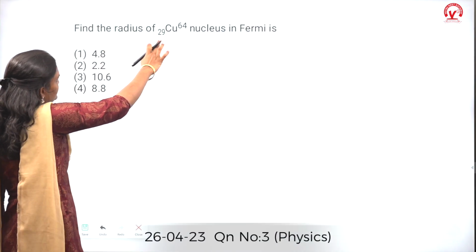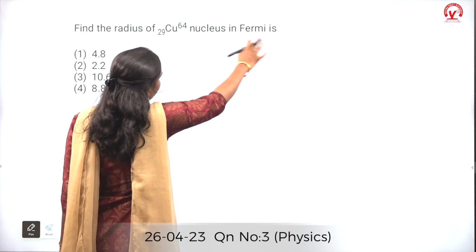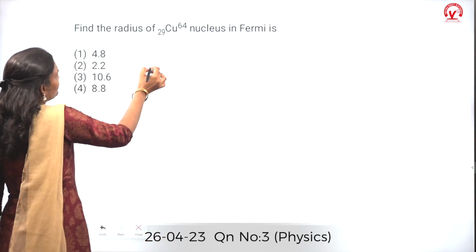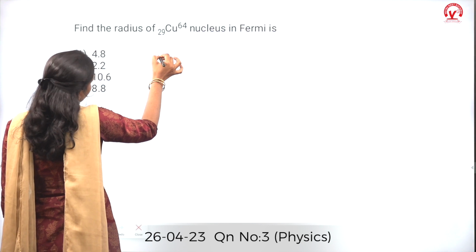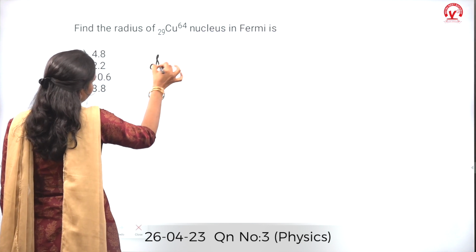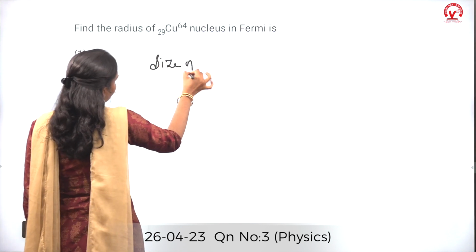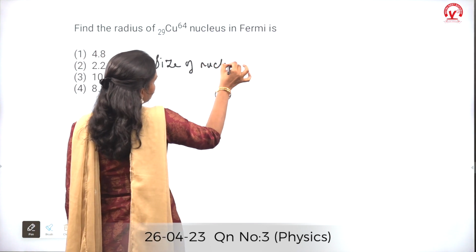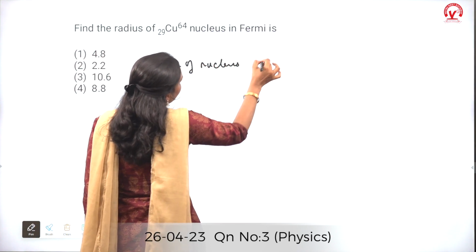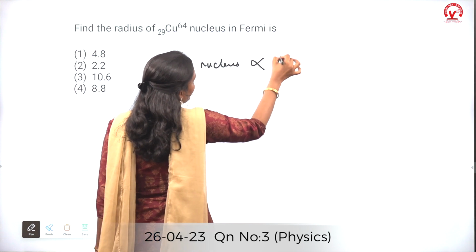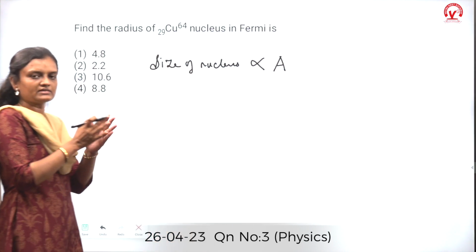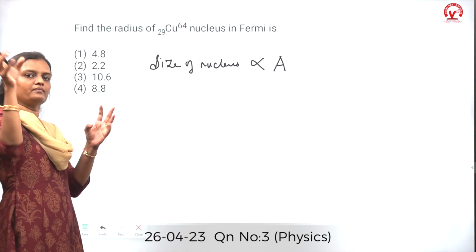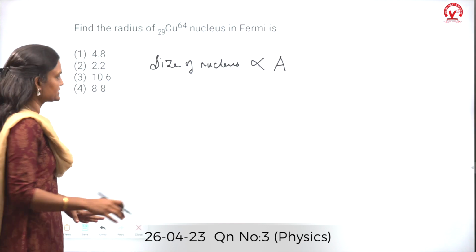Find the radius of copper nucleus in Fermi. We know the size of the nucleus is directly proportional to the atomic mass number. When the size of the nucleus increases, the atomic mass number also increases.